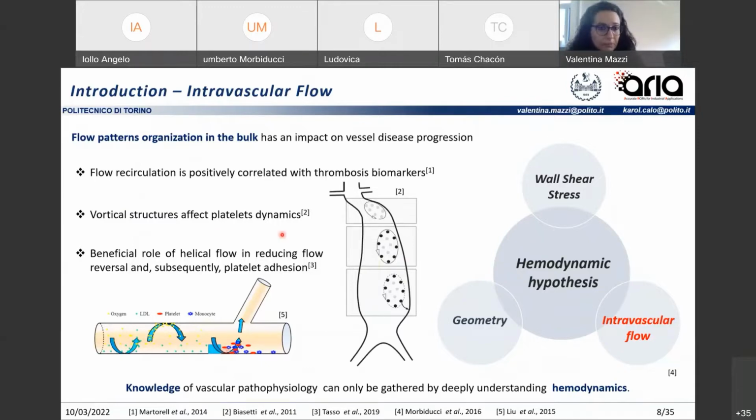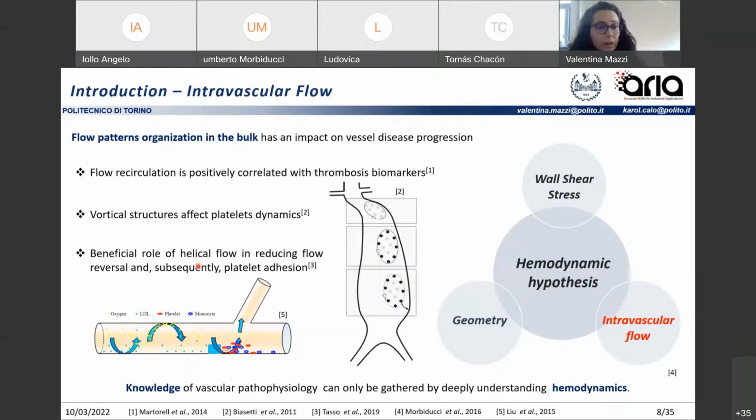In particular, some studies have found that first, the platelets are trapped inside the vortical structures, and then due to vortex mixing, they are transferred and activated at sites of high shear stress. And finally, when the vortex breaks up, it releases the activated platelets, which can either aggregate and adhere near the vascular wall, or enter the systemic circulation, and then also, for example, cause other complications such as lower limb thrombosis.